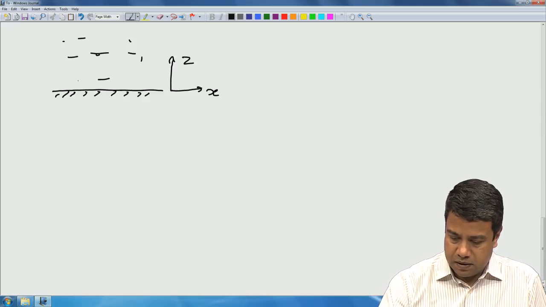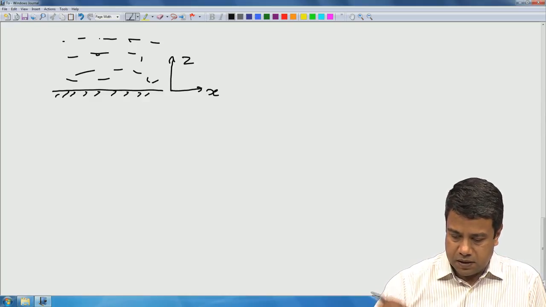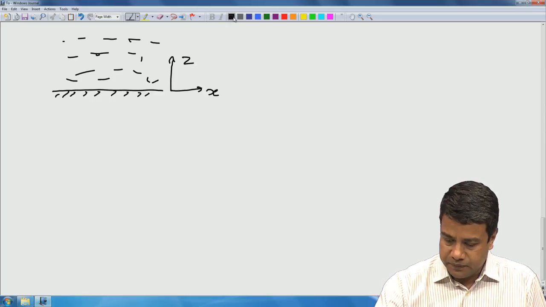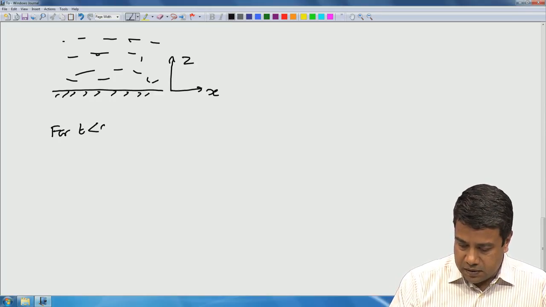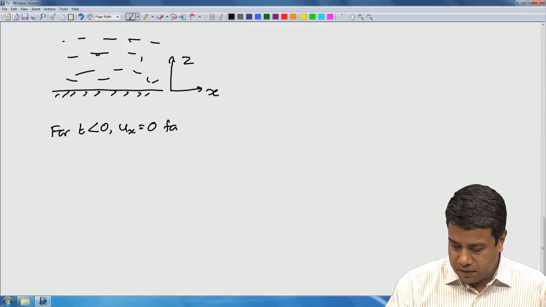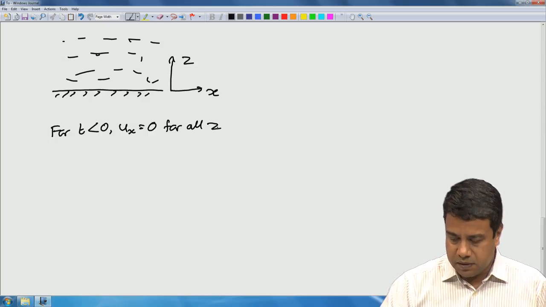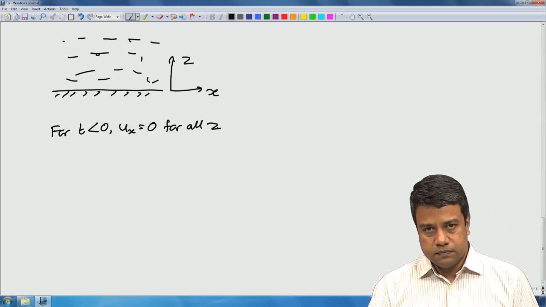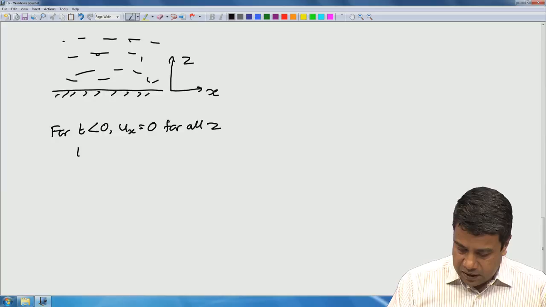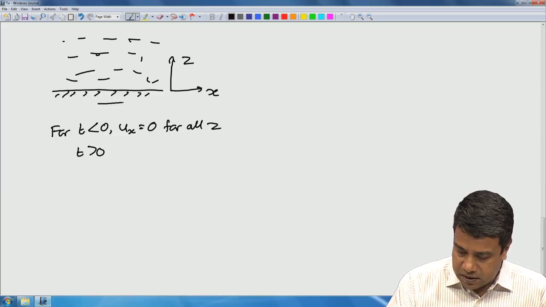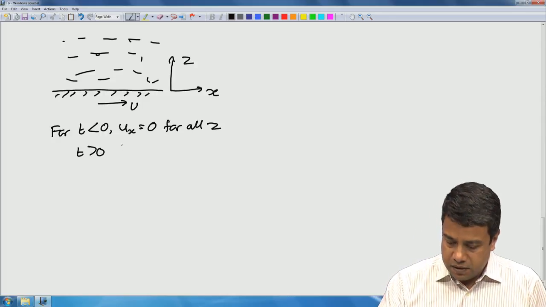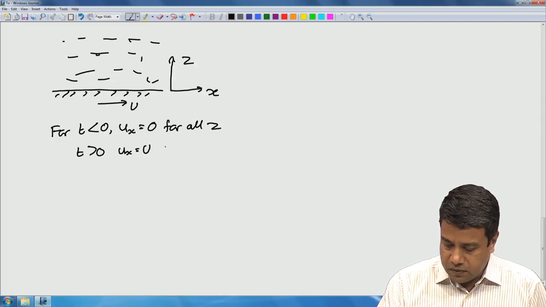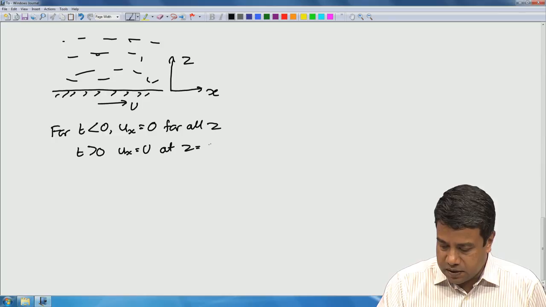So, for t less than 0, ux is equal to 0 everywhere. For t greater than 0, you instantaneously give a velocity u to the bottom surface. ux is equal to u at z is equal to 0.